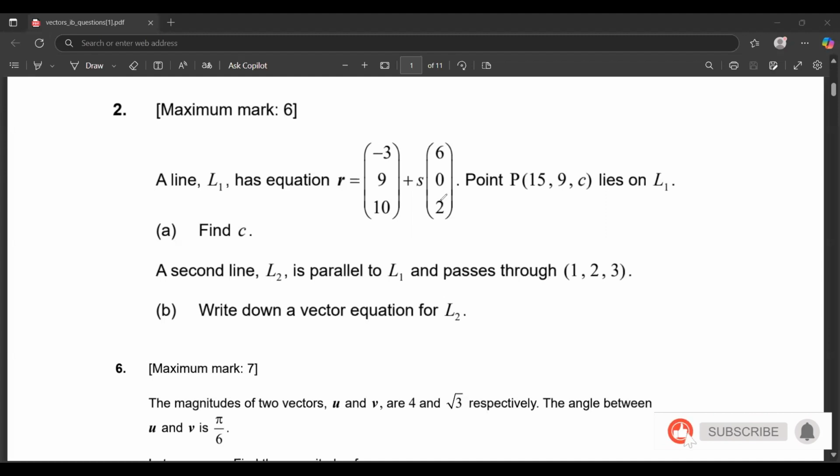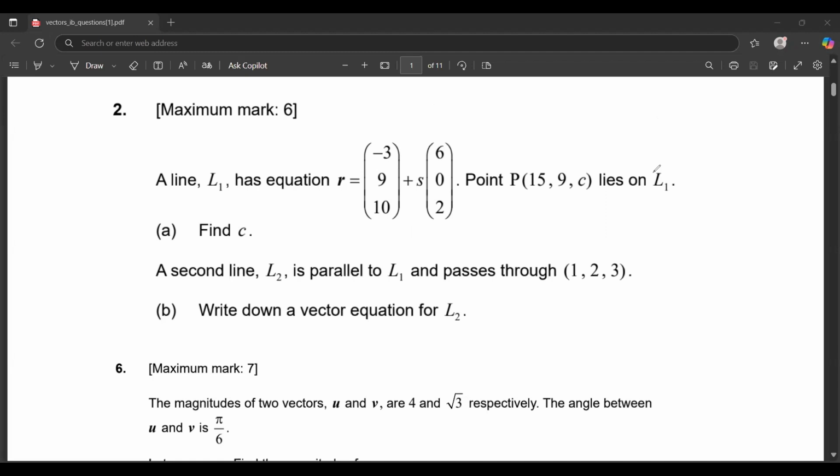This question is about parametric equations. Let's try to solve this question. They are saying r is equal to (-3, 9, 10) plus s times (6, 0, 2), and they are saying point P, which is (15, 9, c), lies on L1.